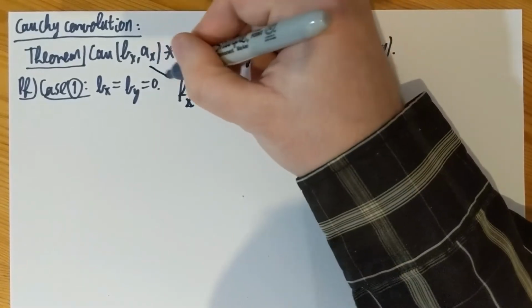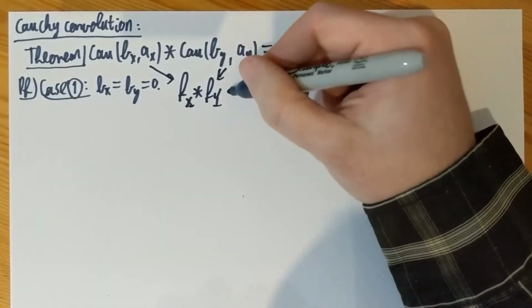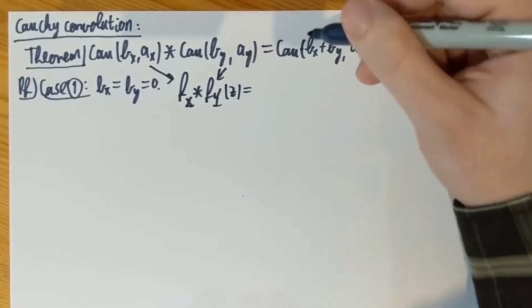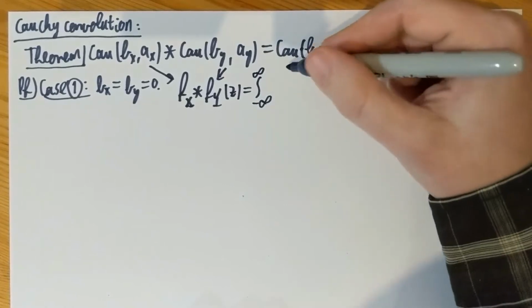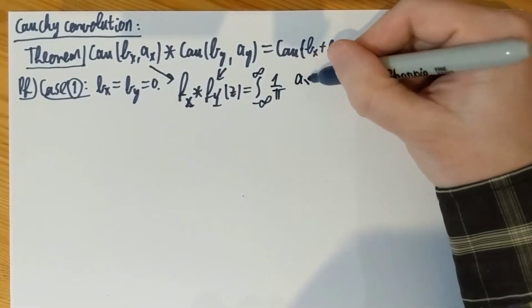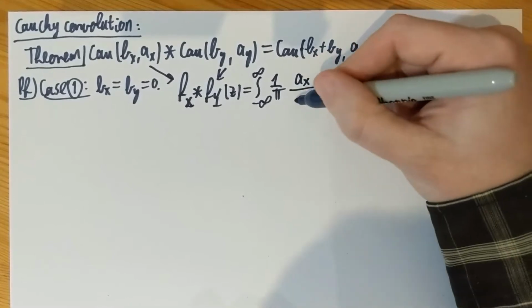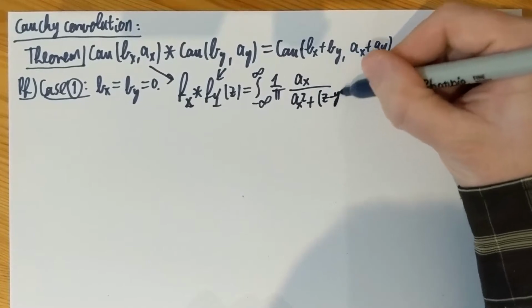So x will have this distribution and y will have the other. What is the convolution at z? By the formula we found for convolution, it's one of the densities, say the one of x, taken at z minus y.